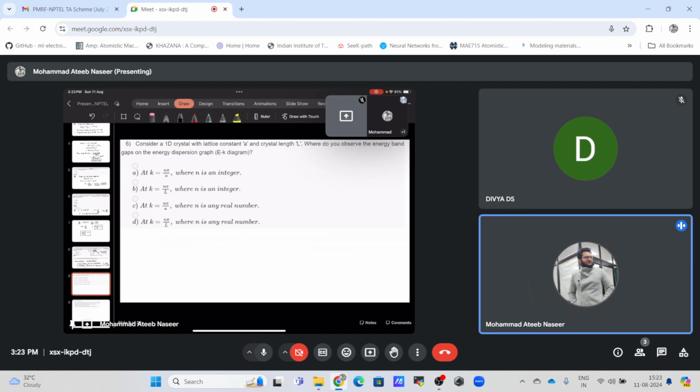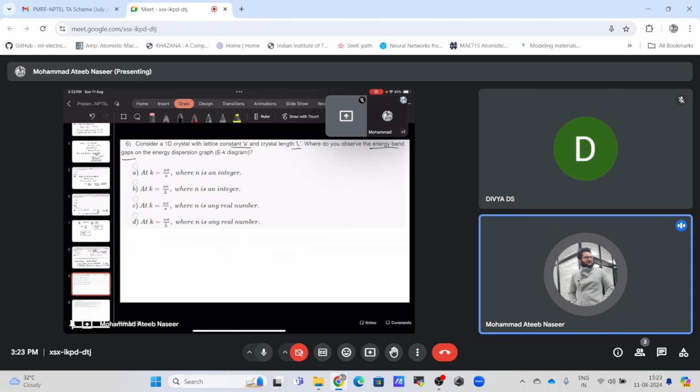Now this is another question, which says that we have to consider a 1D lattice with lattice constant equal to a and crystal length equal to L. It asks where we observe the energy band gaps.